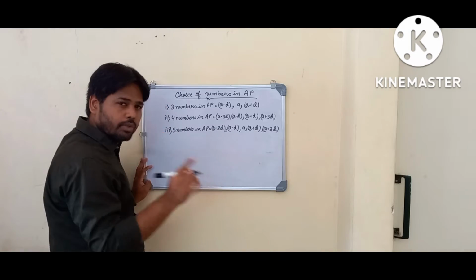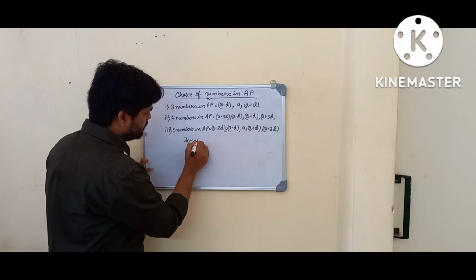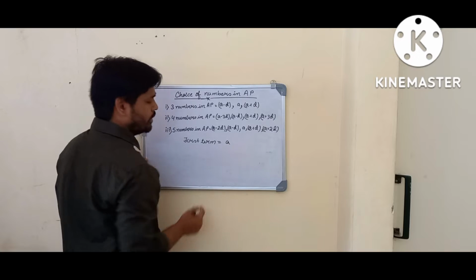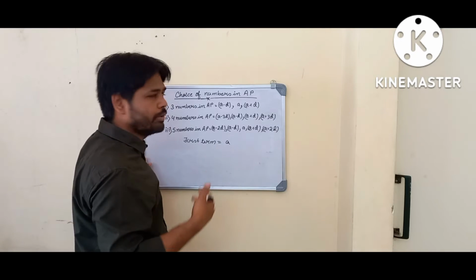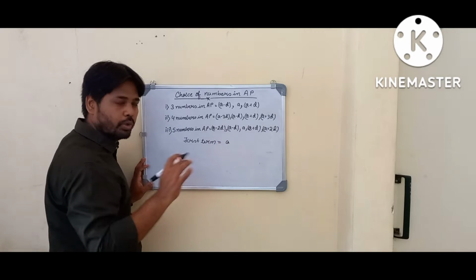But always remember that the first term is supposed to be A. It can be taken in the form of any variable, but this first term is supposed to be known to us.